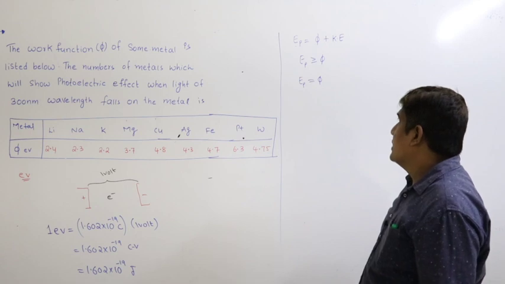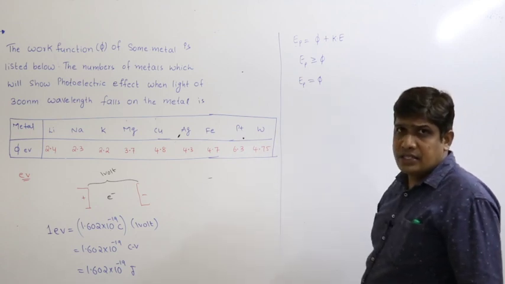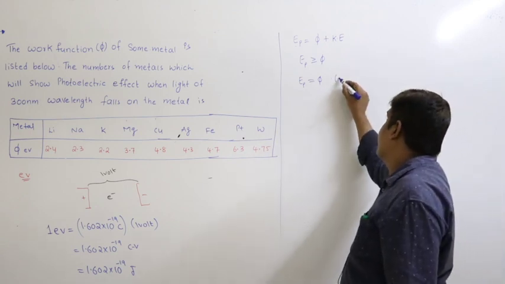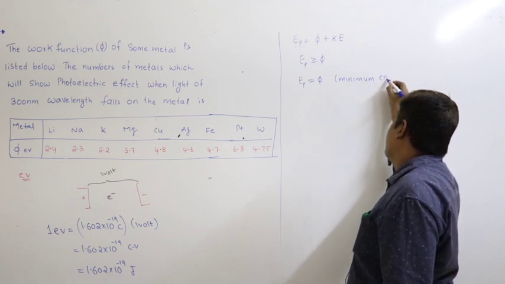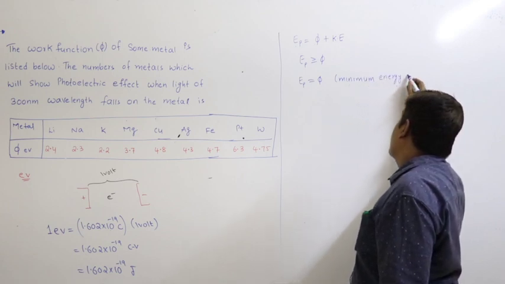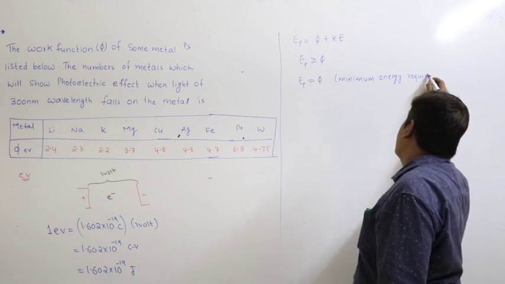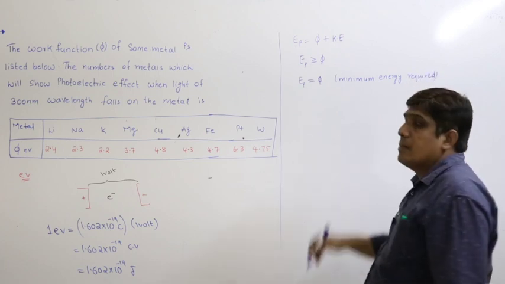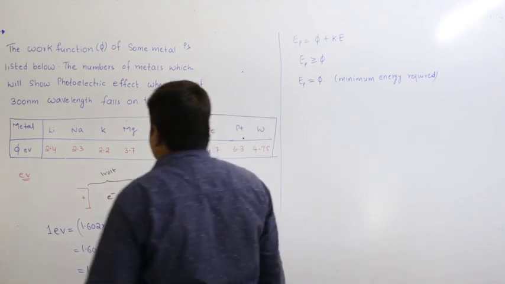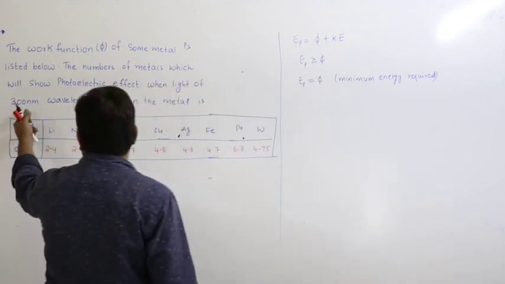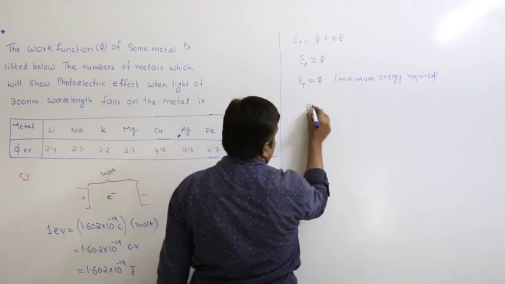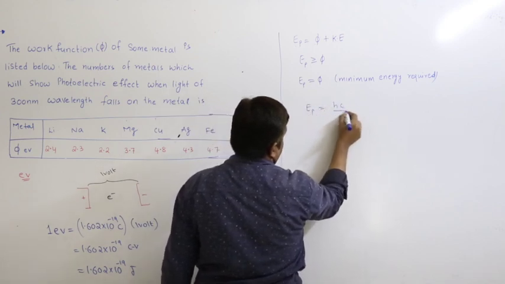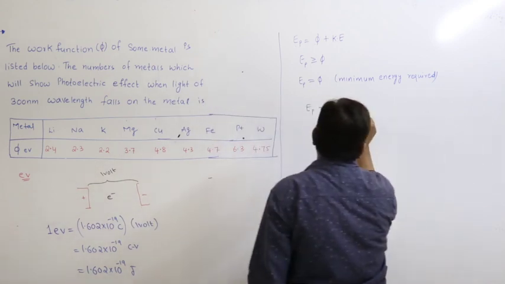So let us find the minimum energy required. The wavelength is given. How do you find the energy of a photon? hc by lambda.